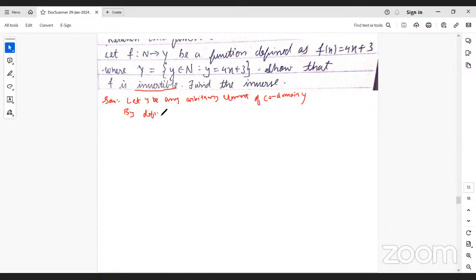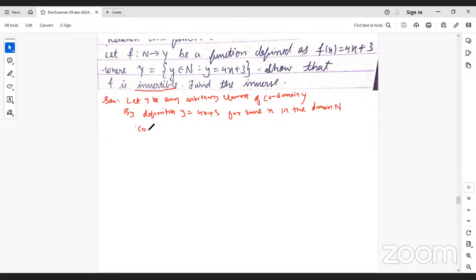So by definition, y is equal to 4x plus 3 for some x in the domain N. And then we need to convert it into a form of x.